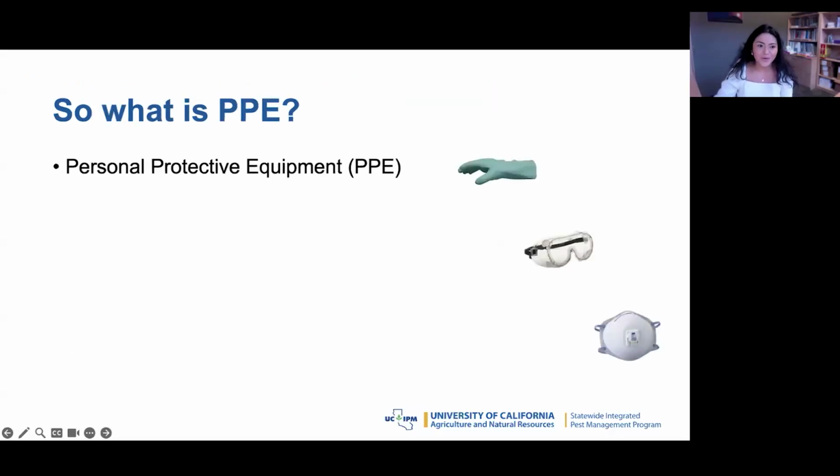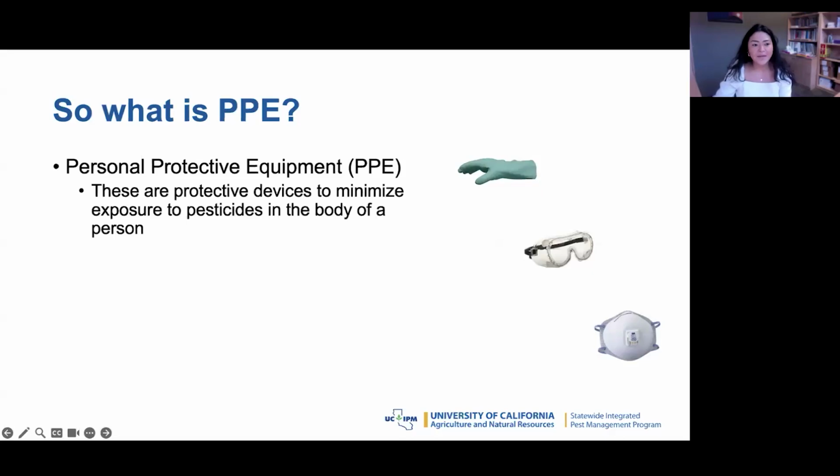So PPE stands for personal protective equipment. These are typically protective devices that were developed for minimizing and mitigating exposure of pesticides on the body of a person. Typically, these are pesticide applicators.